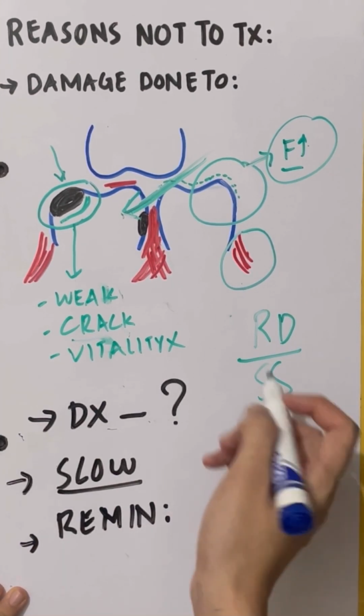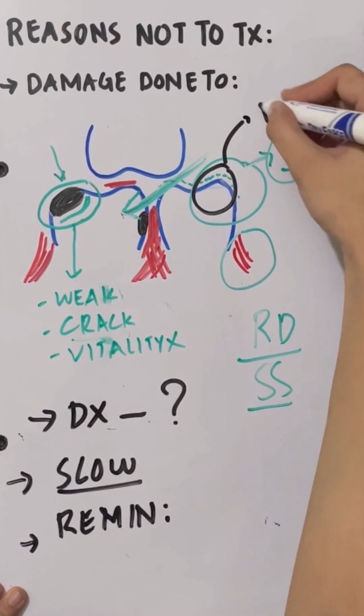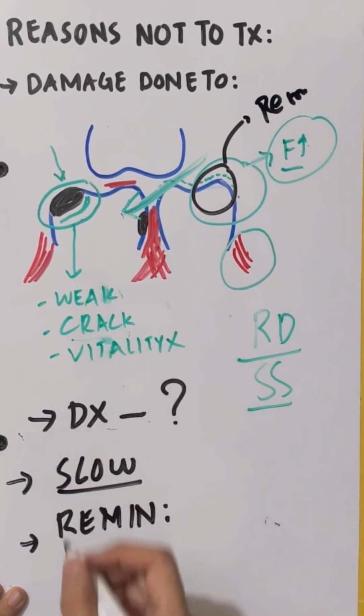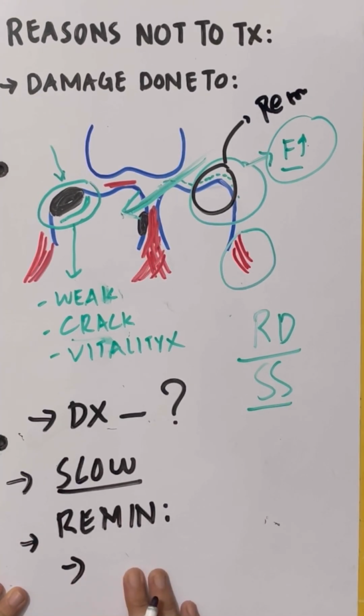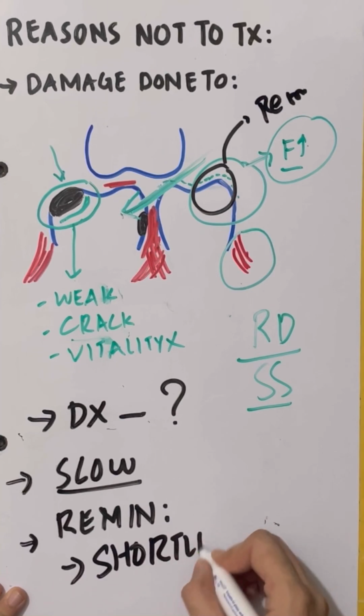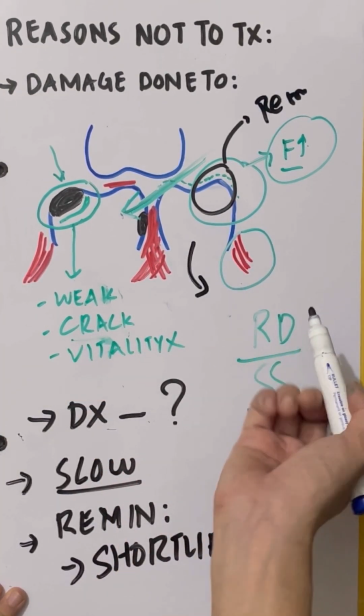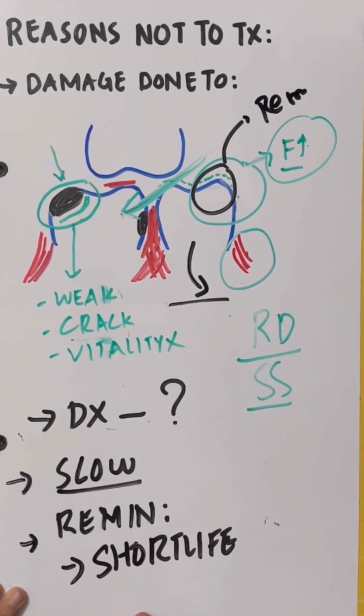If there are enamel caries, we know that we can probably remineralize them. The fifth reason is the short life of the restoration. We know that the tooth will be exfoliated, so why are we doing a restoration? There is probably a short life, so we avoid treating it.